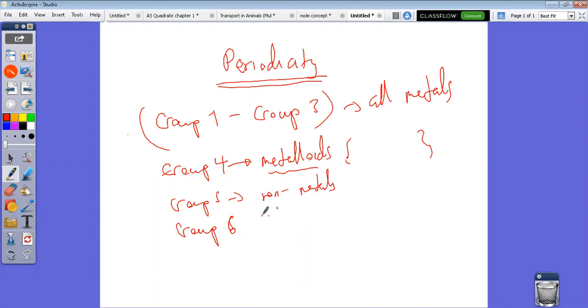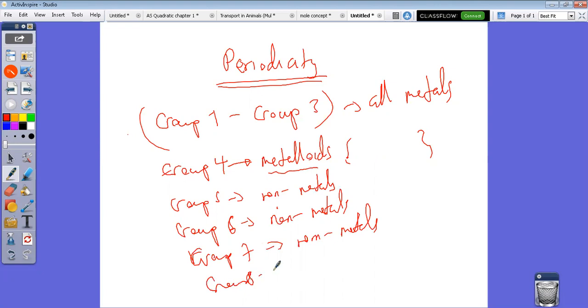So you are looking at the correct group. Now group 6, non-metals. Group 7, non-metals. Then group 8, also non-metals.